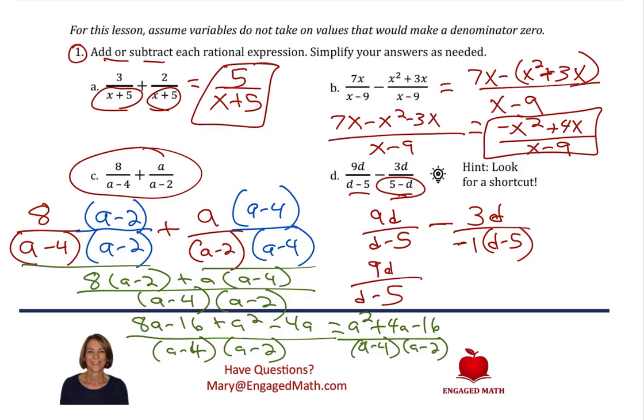And this minus and this negative down here make the entire fraction a plus, 3d over d minus 5. I'm basically canceling the minus and making it a plus. So now we can just add across, and for our final answer, we have 12d over d minus 5.